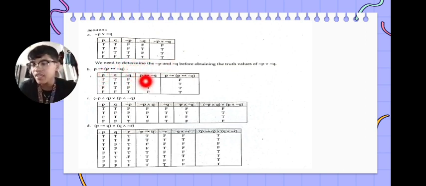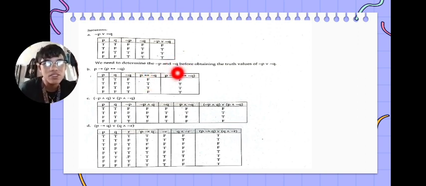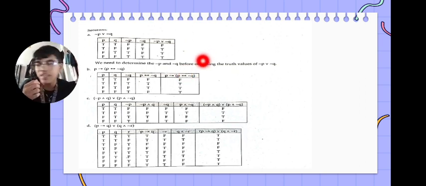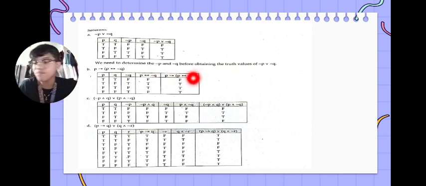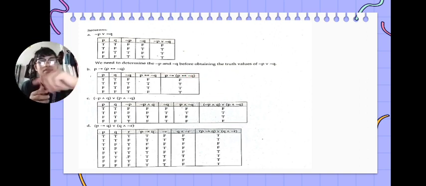Then if P is false, then P and only negation Q is false, because the false of P and negation Q is the same as the negation of Q. Then if P is false, and Q, and the negation of Q, then they are the same as in example A, C and D.